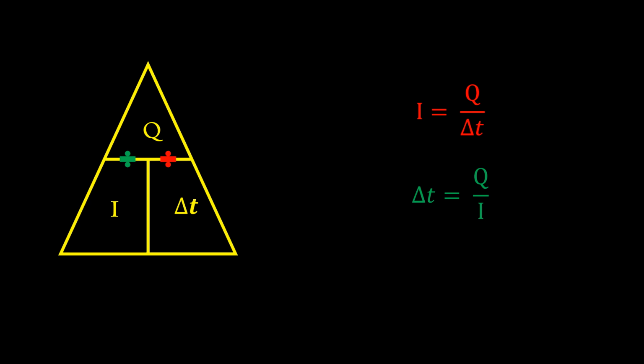The expression for the charge is Q equals I times delta T. This means the charge equals the current multiplied by the change in time.